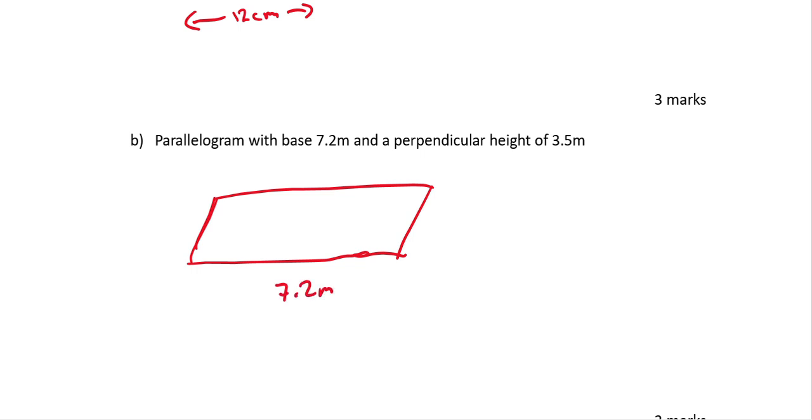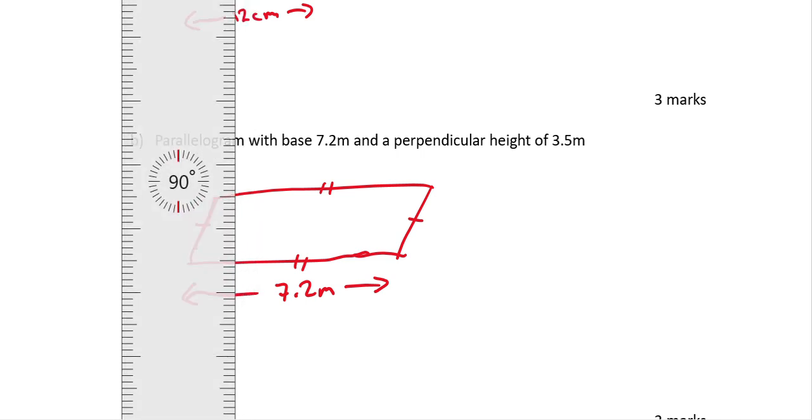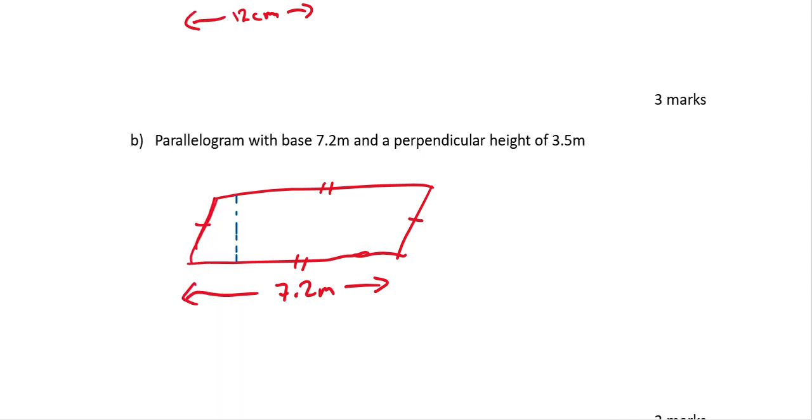So it is 7.2 meters. And then you can have your perpendicular height be 3.5 meters. Perpendicular height has a right angle triangle.